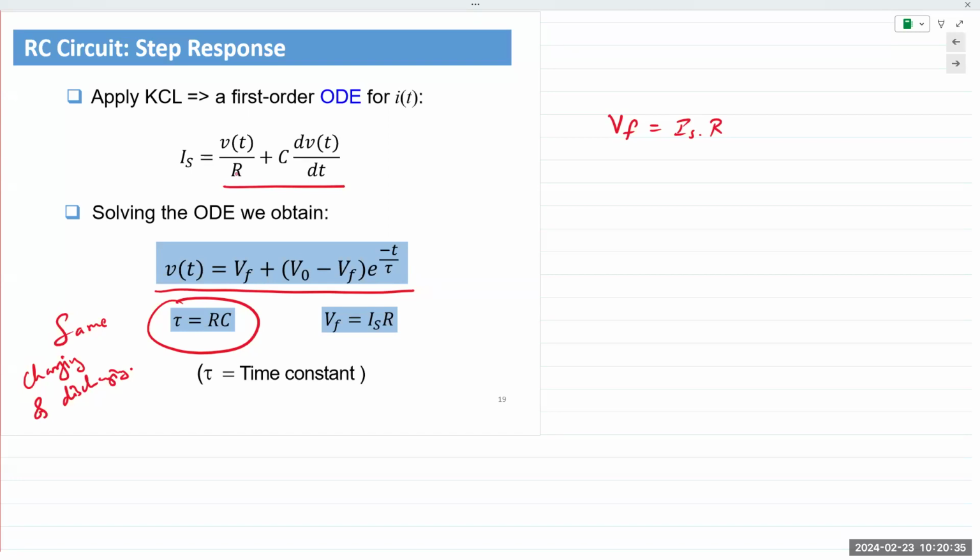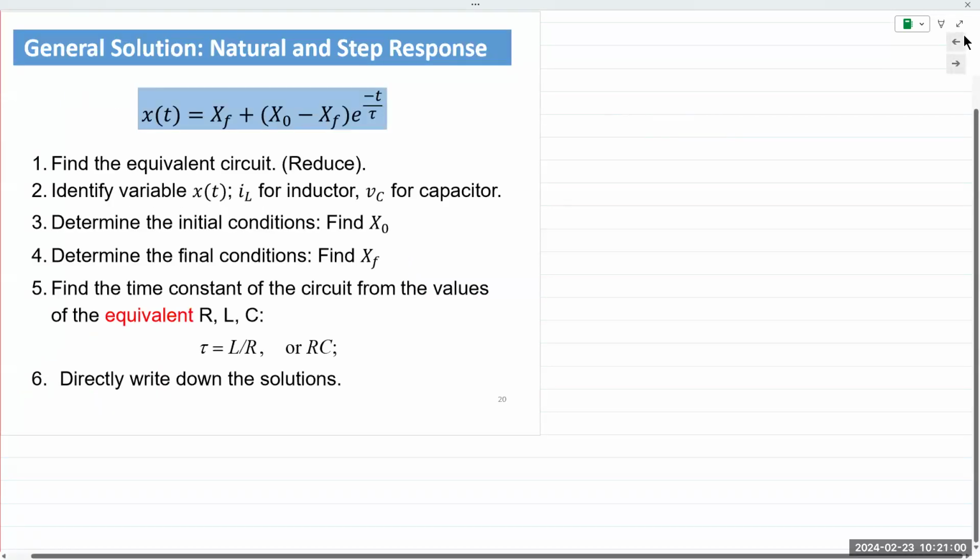Now, if you look at the 4 circuits, all the equations have a very similar structure. So based on all 4 circuits, we can come up with a general equation that can be applied to all of them, and the steps will also be the same for all of them. They will be summarized in a couple of slides. Actually, right now.